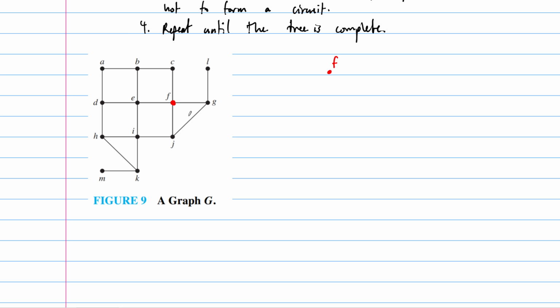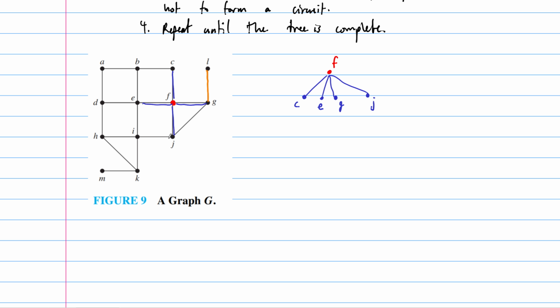And then from F, there are 4 branches that come out. I have C, I have E, I have G, and I have J. And then from each one of these, I can continue out. So from G, I can only go to L, because J is already accounted for.